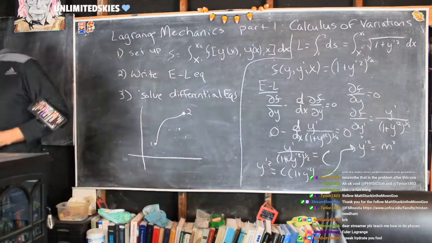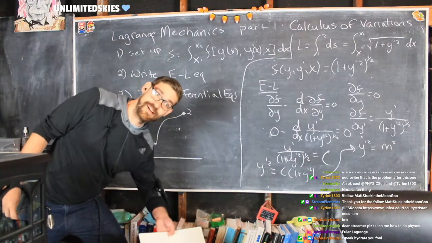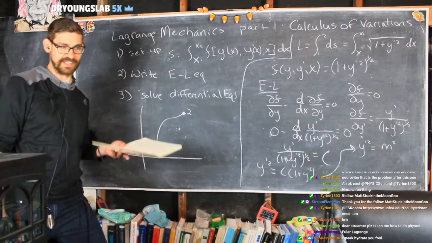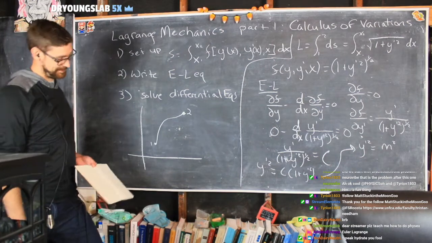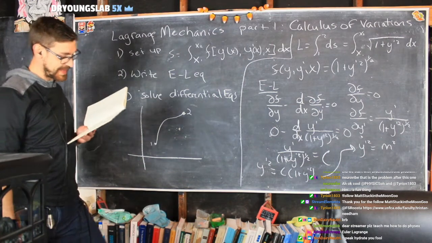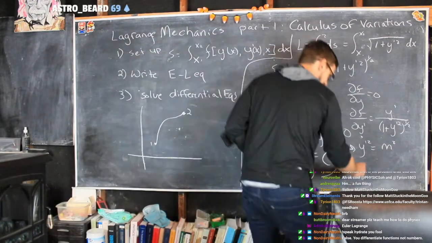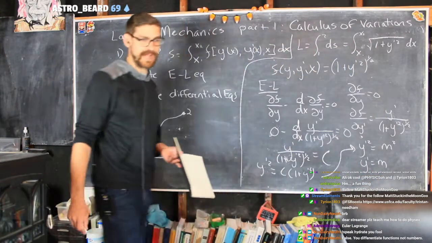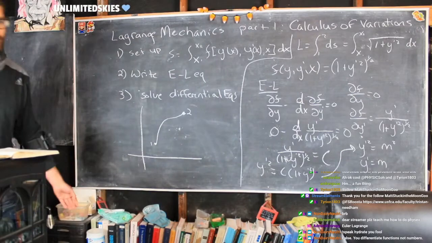Not for any particular reason. There is a particular reason, I swear. Let's take the square root of both sides. Y prime is equal to m. Y prime is, of course, the derivative of y.